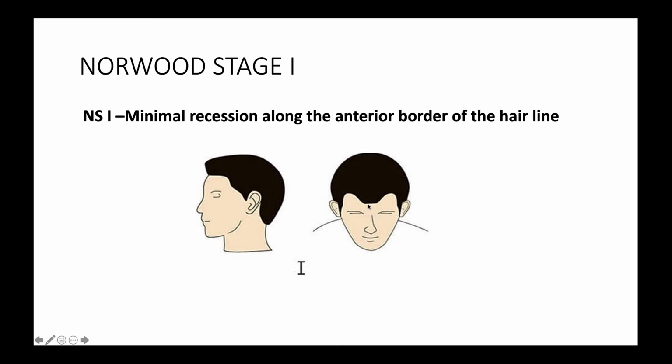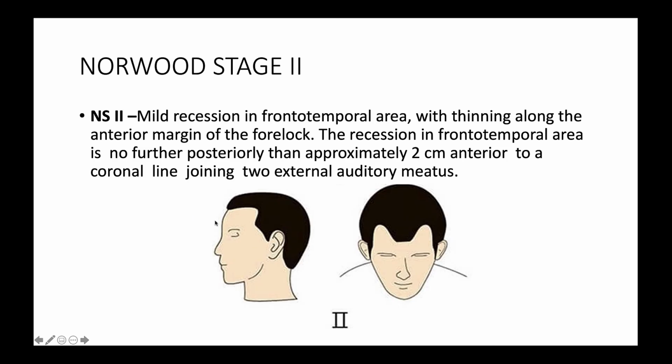In stage 2, the recession progresses to the extent that the distance from the deepest point of the frontotemporal area to a line passing from the external auditory meatus is more than 2 centimeter. So they are further away from this line by more than 2 centimeter, then it is grade 2.